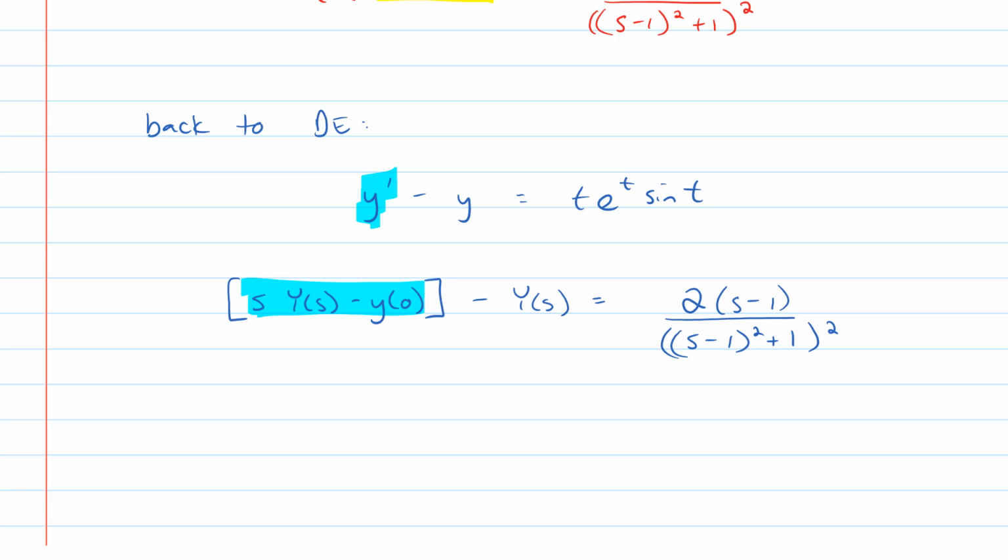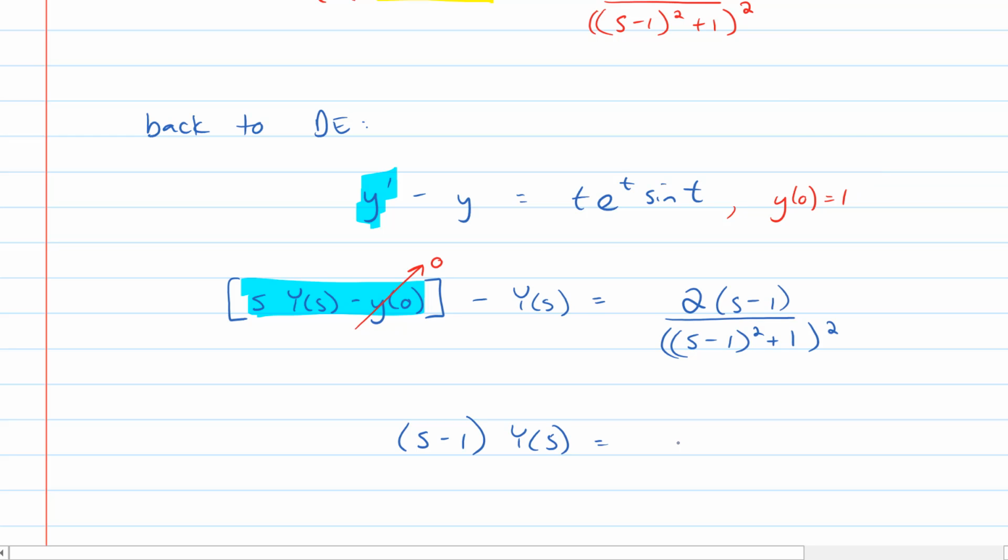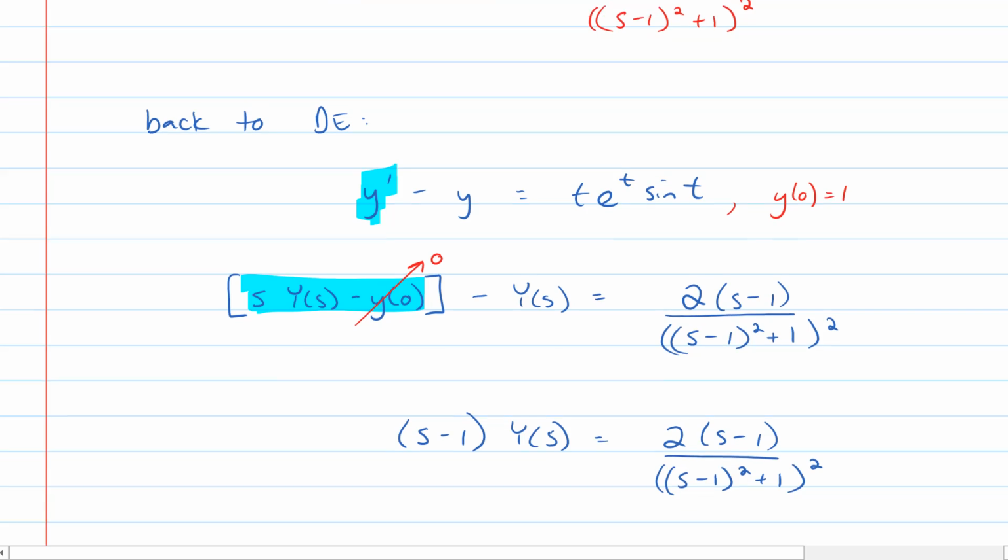But let's remember that our initial condition was that y of 0 is equal to 0, and that means that this term goes away. What we're left with on the left-hand side then, if we factor out the Y of s, is s minus 1 in brackets times Y of s is equal to 2 onto s minus 1 over s minus 1 squared plus 1 all squared.